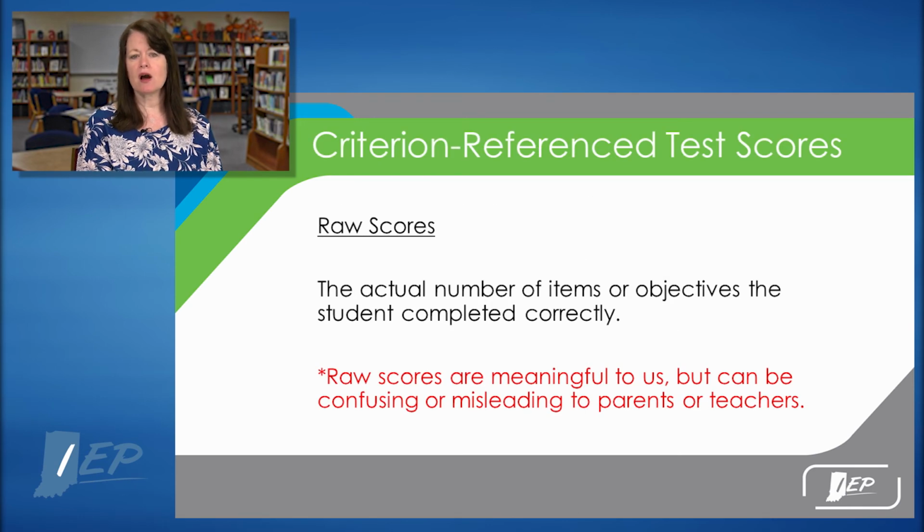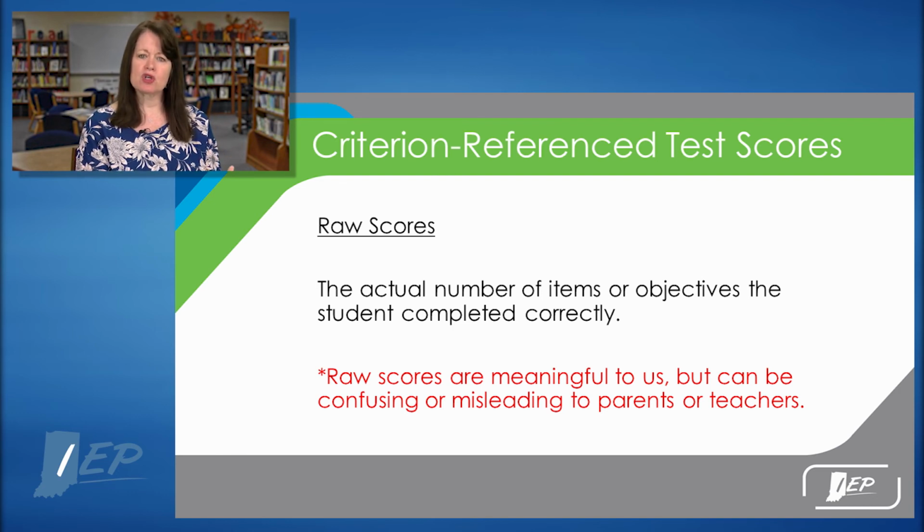So we're going to start with talking about raw scores. A raw score is simply the number of items or objectives that were correct. So you may have gotten 5 points, or you may have gotten a score because you answered 7 correct on something.